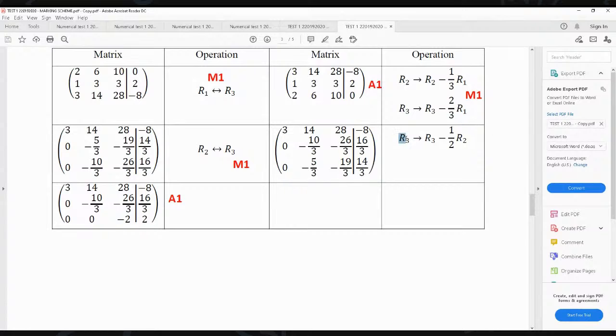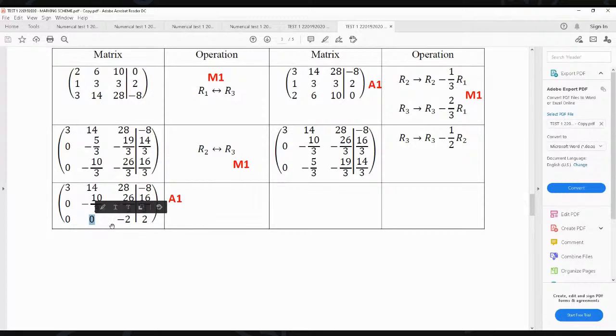To get the new row 3, it is row 3 minus the multiplier. How to get it? Negative 5/3 divided by negative 10/3 is positive 1/2, but you need to put negative. So in this case, you can zero the value of a32.